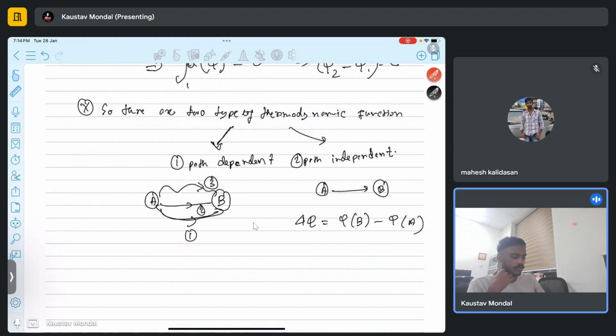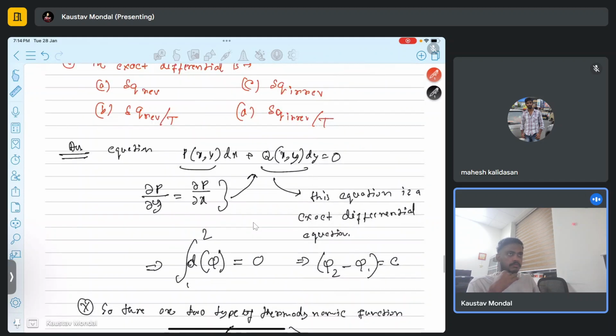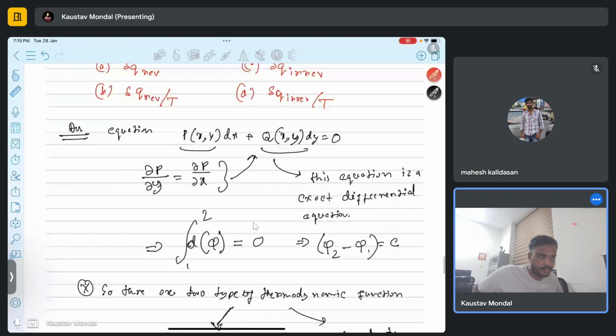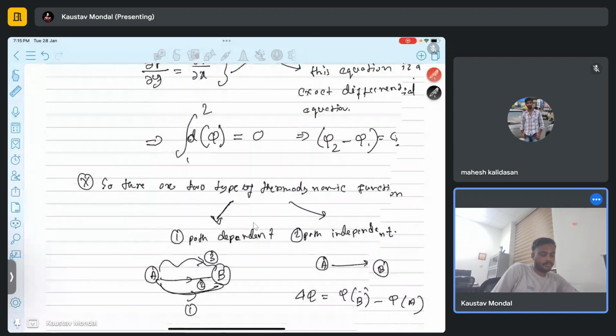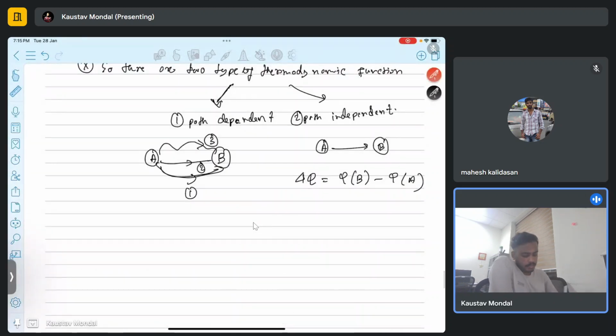Now let's come to the problem. In the problem, there are many options. As we know, this is for an ideal gas. Let me give you some examples of path dependent functions.